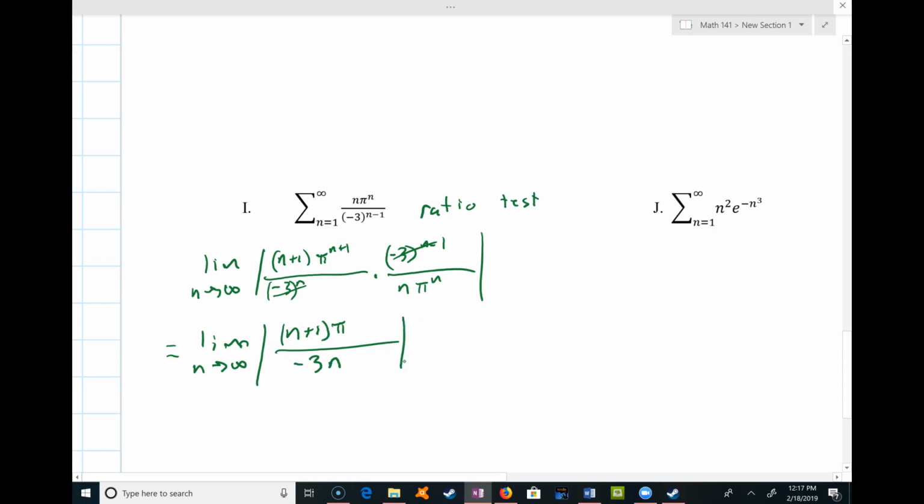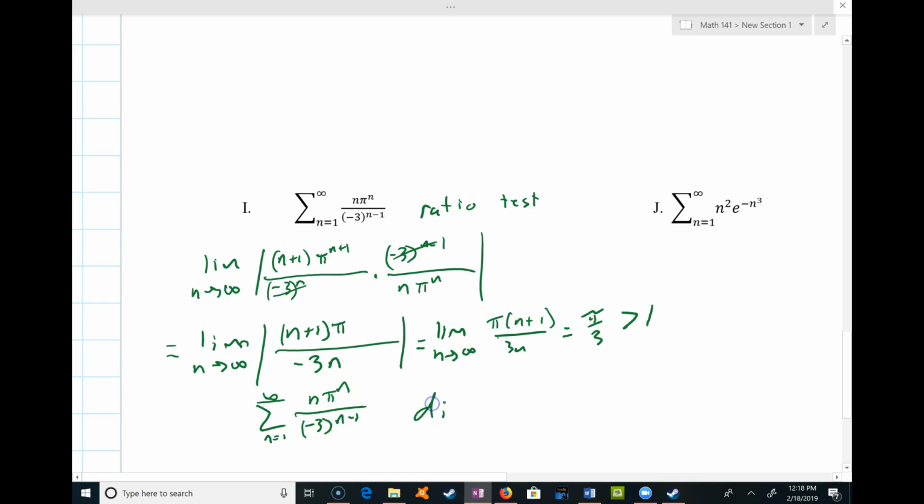Of course, the absolute value takes care of the -3, so we're going to have the limit as n approaches infinity of pi times n plus 1 over 3n, and that ends up being pi divided by 3, which is slightly bigger than 1. Therefore, my original series diverges.